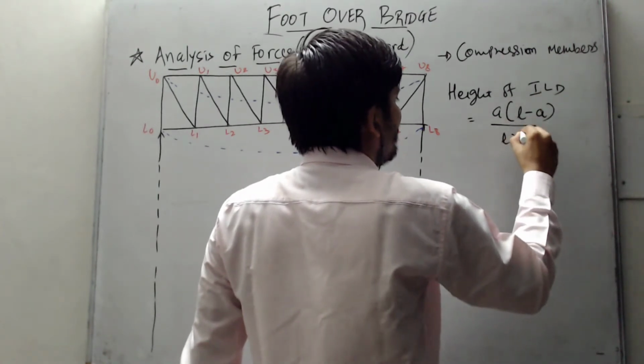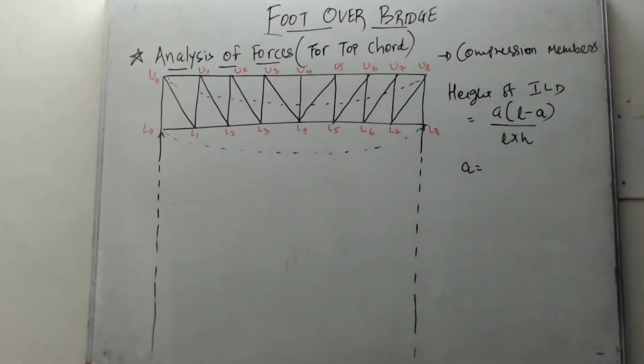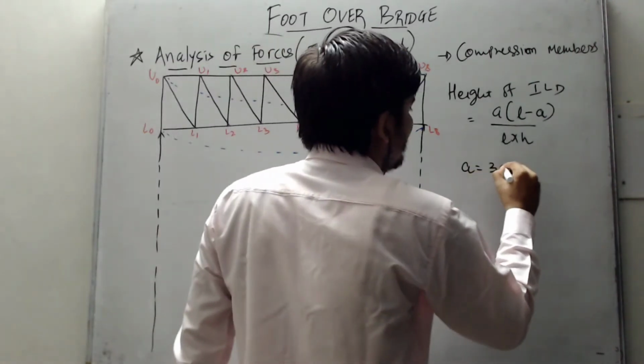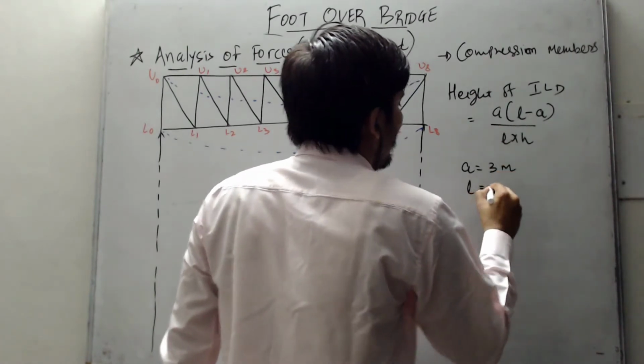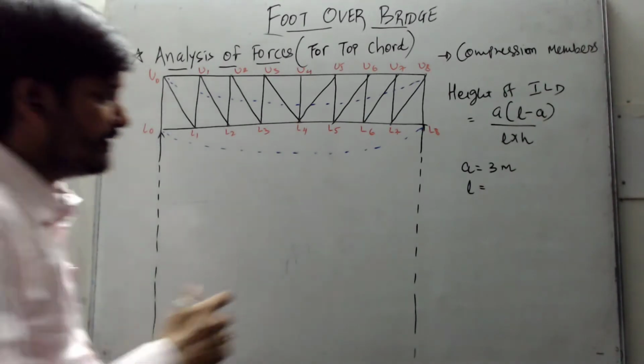Now what is a? For this figure, a will be the width of panel. a is the width of panel, that is 3 meter. What is L? L for this is the total length. So L is 24 meter.